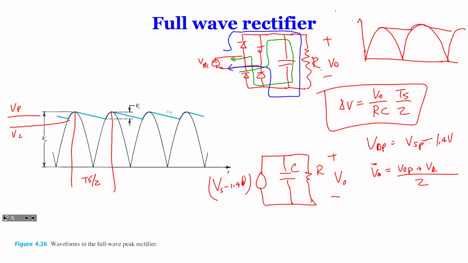That will give you the output average, because the voltage rises a little bit and drops a little bit, rises a little bit, drops a little bit. So you really have some ripple at the output. Sometimes you can take the average between the peak and the lower value, so divide by 2. Or you can write this down as VOP minus delta V over 2. So it's the peak, minus half of the ripple, is the average.